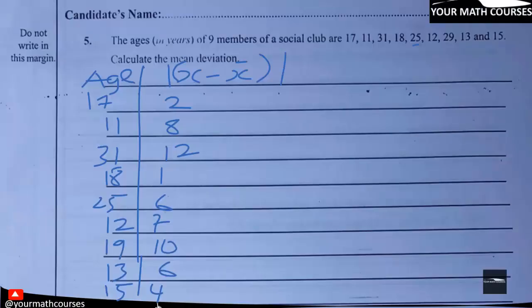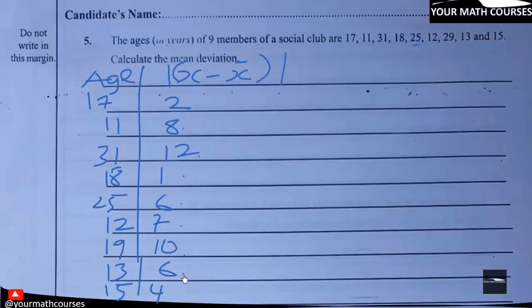So we need to add all these values here. When we add, 2 plus 8 is 10, then 22, 23, 29, then 36, 46, plus 10 that will give us 56.